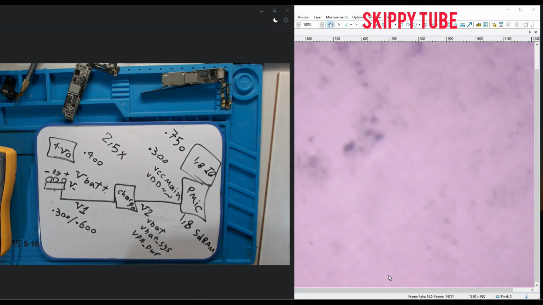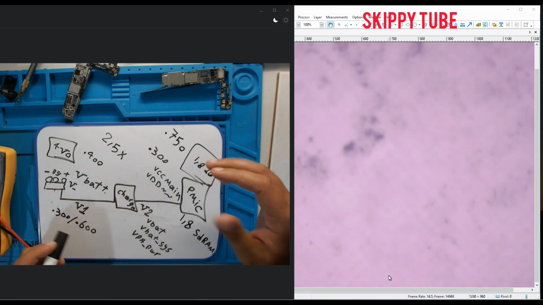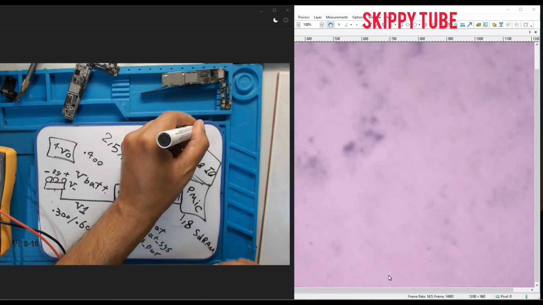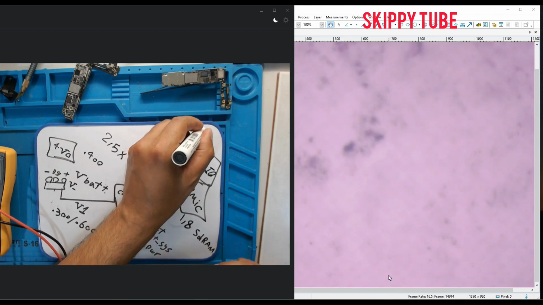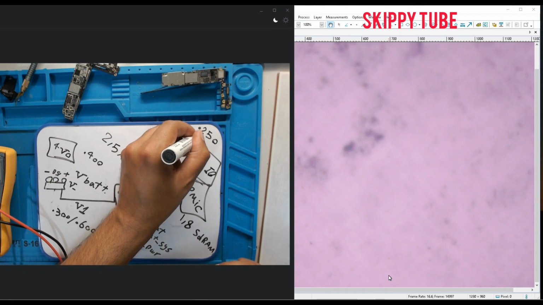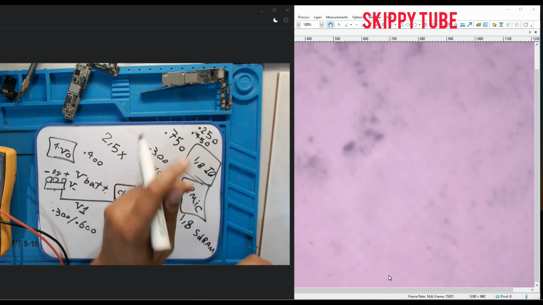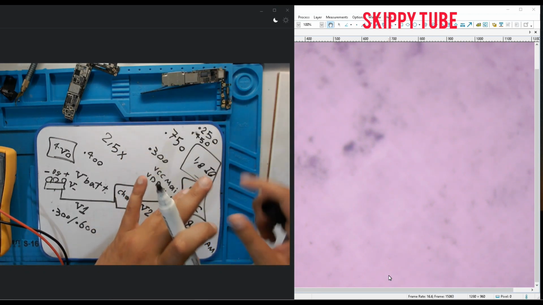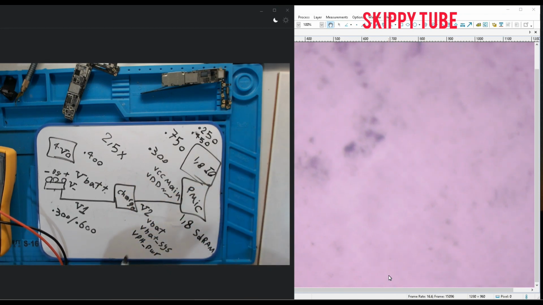You need to check the difference. I told you about these two lines before: the diode value is between 0.250 and 0.450.